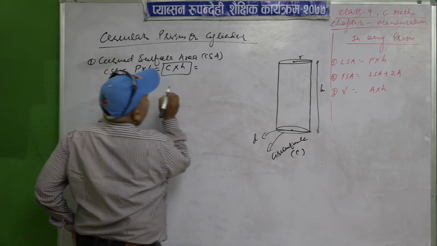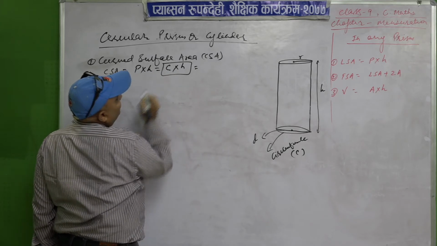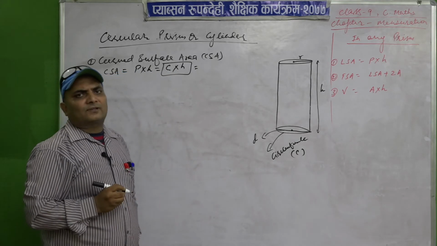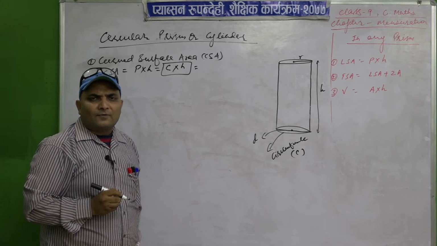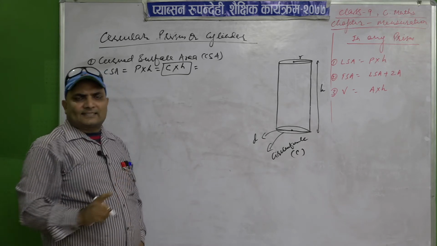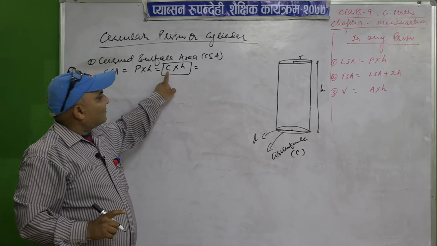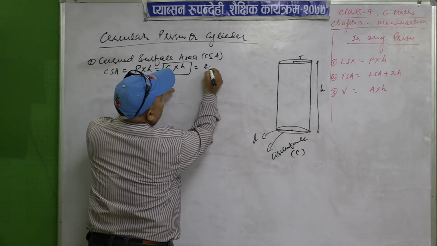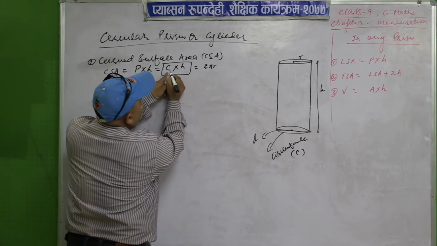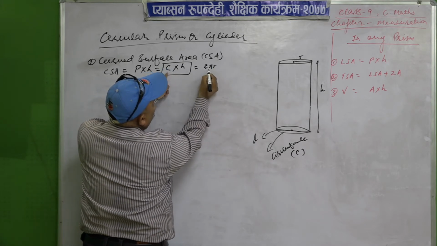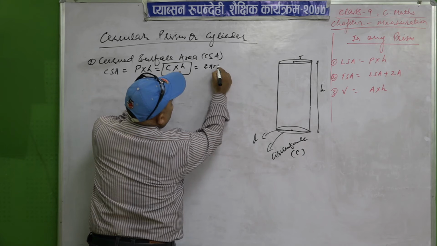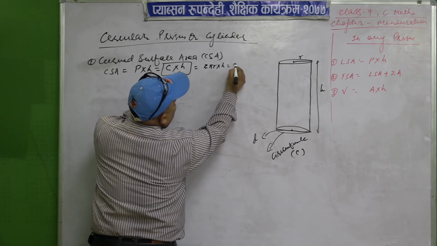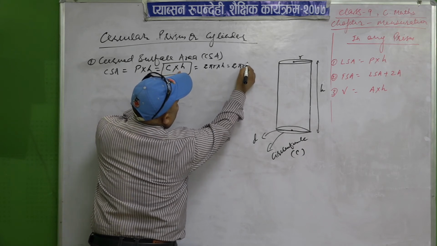Now, do you know what is the formula for circumference? We have already discussed it in plane figure. In the form of radius, it is 2 pi r. So in the place of C, you write here 2 pi r, and into h, that will be 2 pi r h.